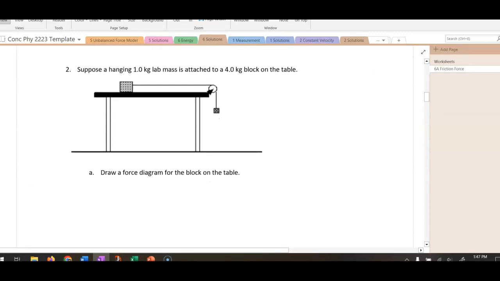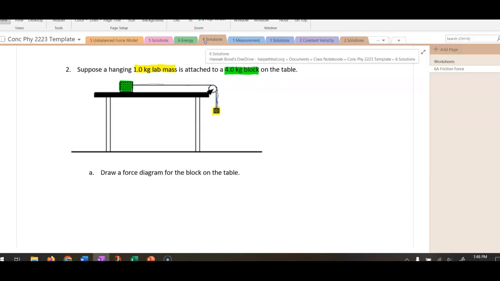Here we've got a 1 kilogram lab mass. That's this little mass that's hanging off the table, and it's attached to a 4 kilogram block. And notice that it's attached by this string that runs over a pulley. We did a lab similar to this.